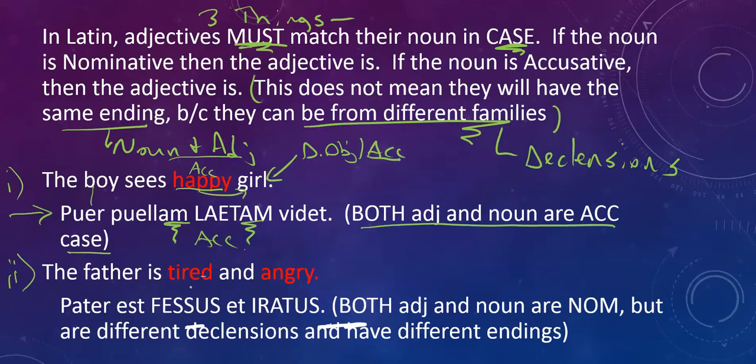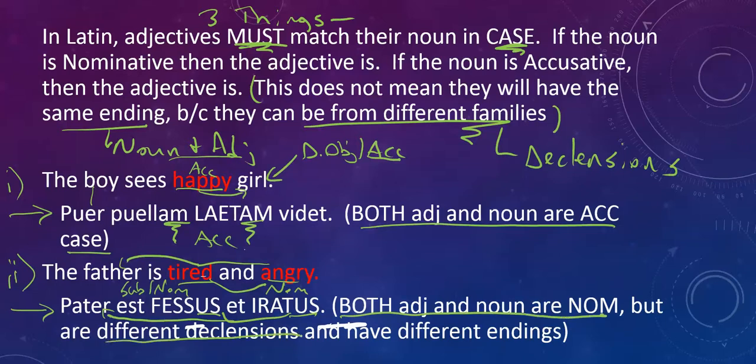The father, in example 2, is tired and angry. Tired and angry, both are describing the father. The father is the subject of the sentence, so he's nominative. That means that since tired and angry describe him, they must also be nominative. Let's look at the Latin. Pater est fessus et erotus. Fessus and erotus are both nominative, just like pater. So both the adjective and the noun are nominative.